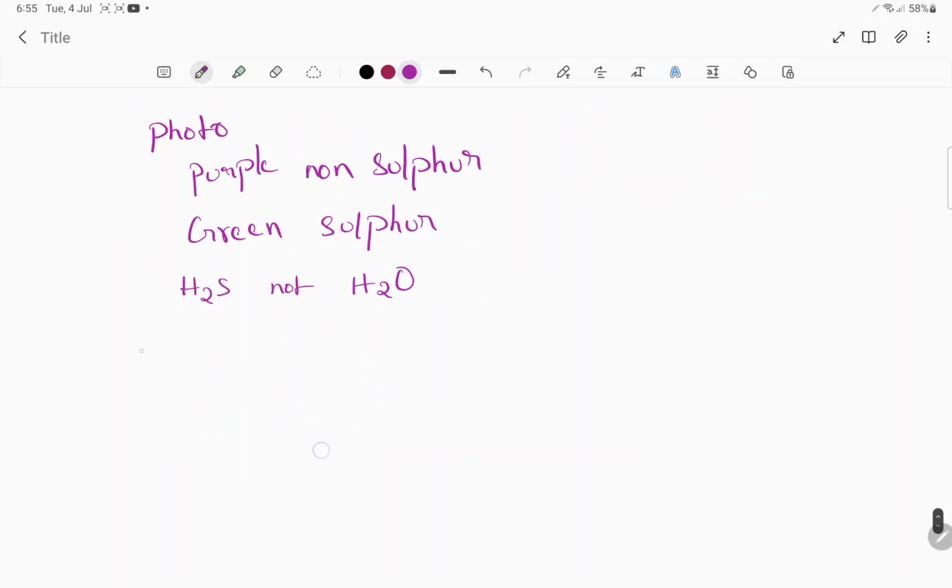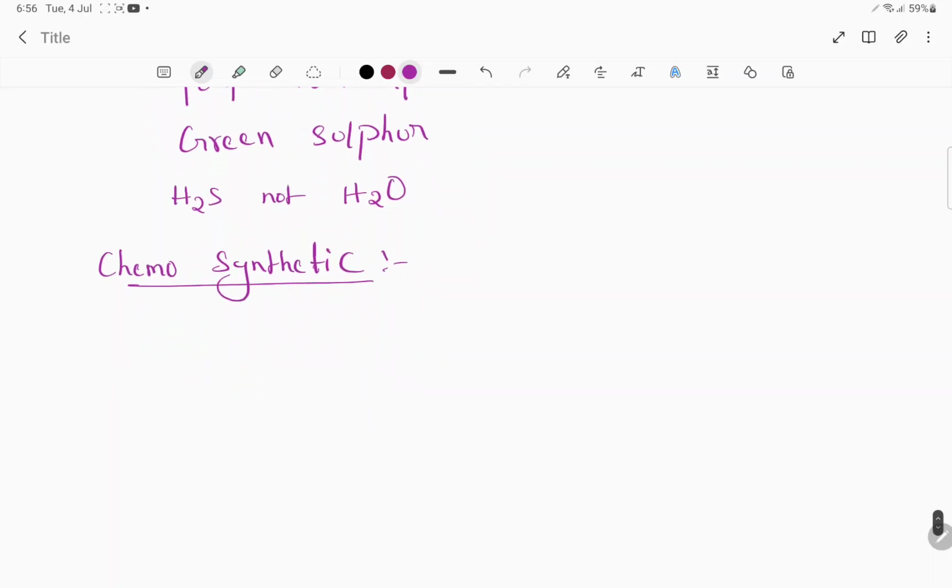And next, chemosynthetic. Coming to the chemosynthetic, bacteria oxidize numerous types of inorganic compounds and trap the energy in molecules like ATP.